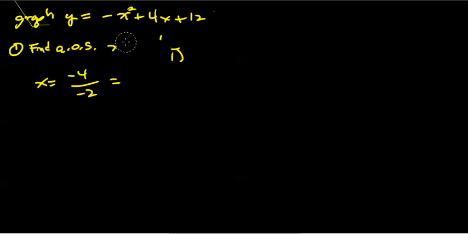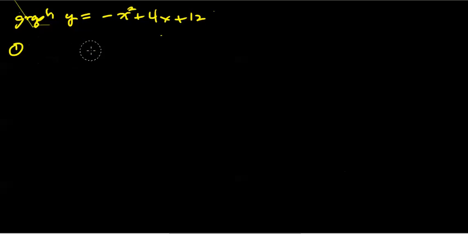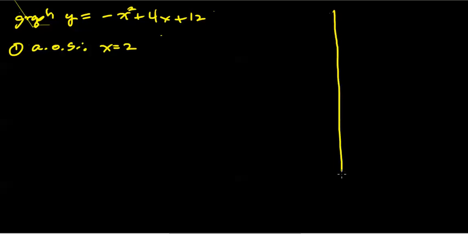Let me rewrite that because I'm going to need the room to do other work. So I'll put that down. Axis of symmetry is the vertical line x equals positive 2. Let me go ahead and graph that. I'll do the best I can here. Doesn't look too bad.